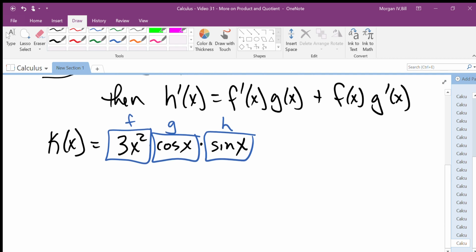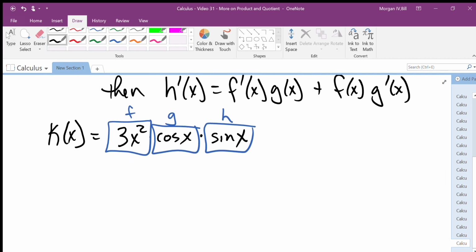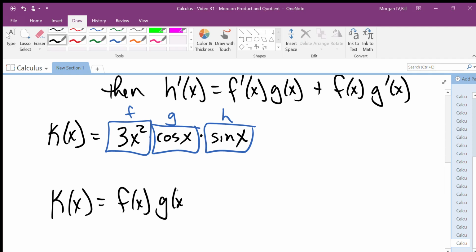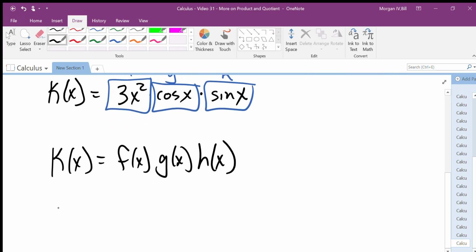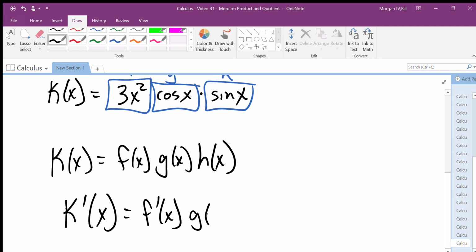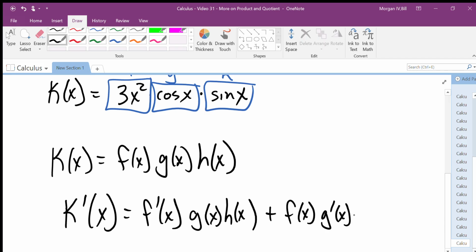It looks like this. For the product rule, if I have k of x equaling f of x times g of x times h of x, three things multiplied, then k prime of x is f prime of x, and then the other two just stay. Plus, this time, the g gets the prime, and the f of x and h of x stay.